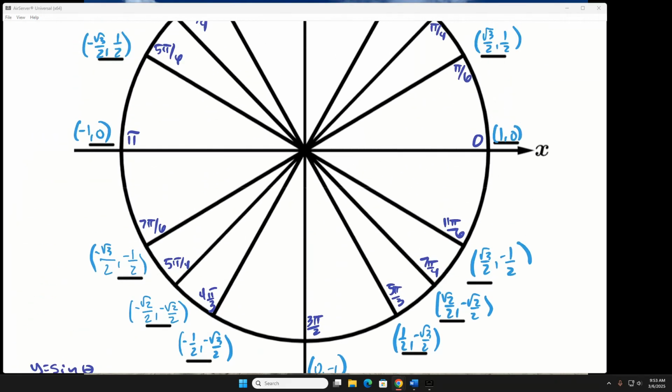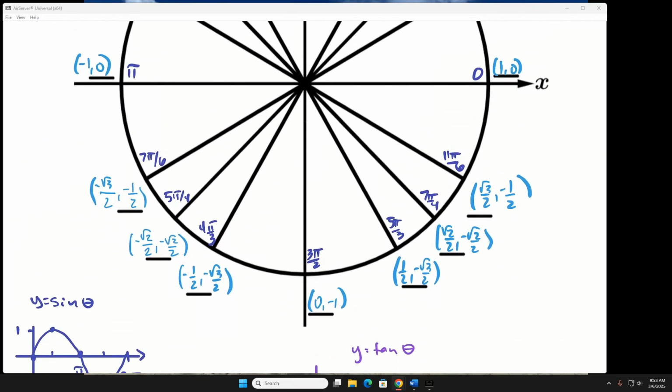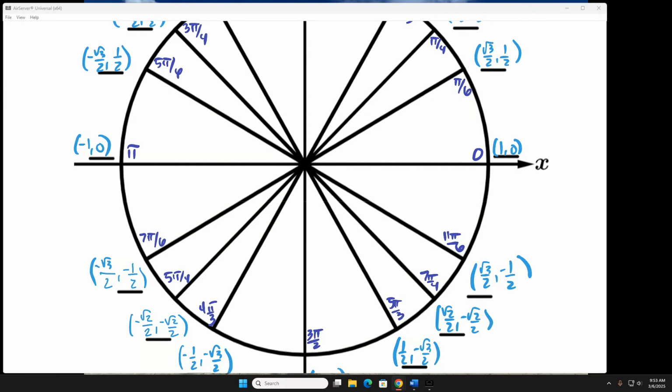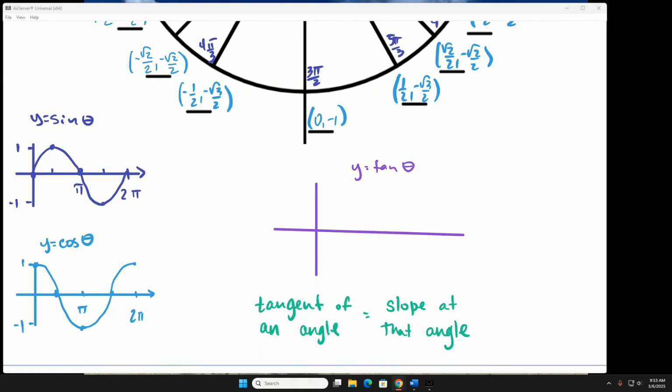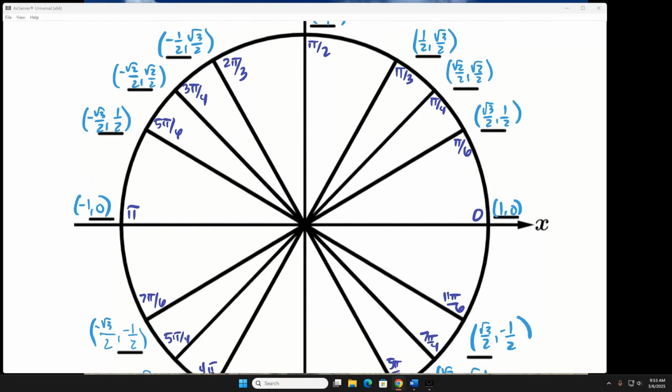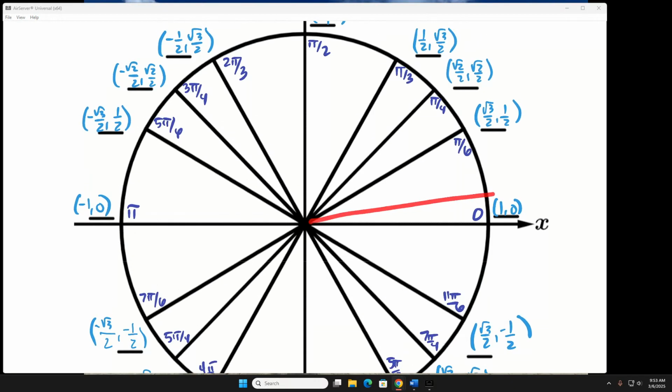Okay, so if we're just going to think about tangent as the slope at that angle, at 0, here's the angle. What's the slope of the horizontal line? 0. So we're going to start at 0. All right, and then as we go around this circle, would you say these slopes are positive or negative? Positive.